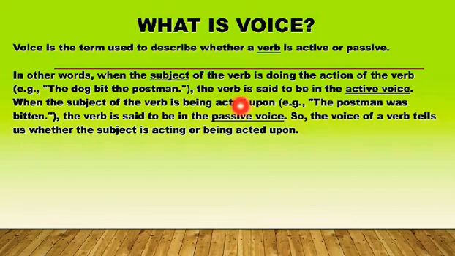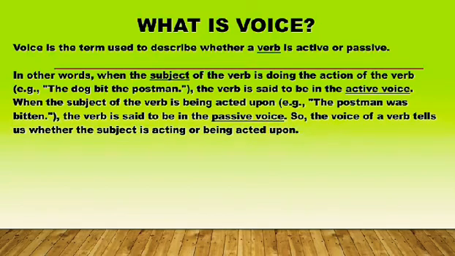active voice. And on the other hand, when the subject of the verb is acted upon, the action is happening but it is acted upon by the subject, just like the postman was bitten, the verb is said to be in the passive voice. So there is a difference between active voice and passive voice.